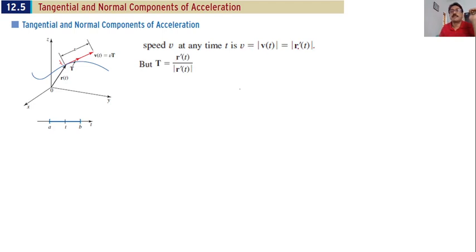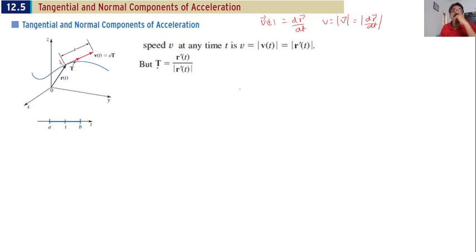Speed is given by modulus of r dash, and velocity vector at any instant t is given by dr by dt or r dash. Speed is nothing but modulus of the velocity vector, that is modulus of dr by dt.